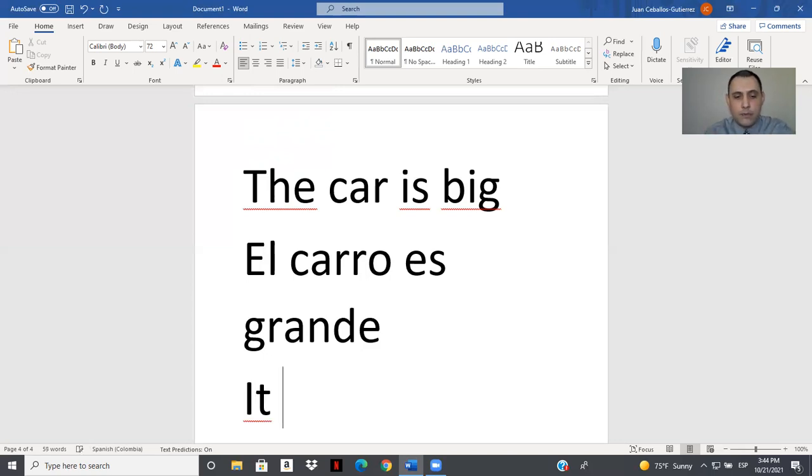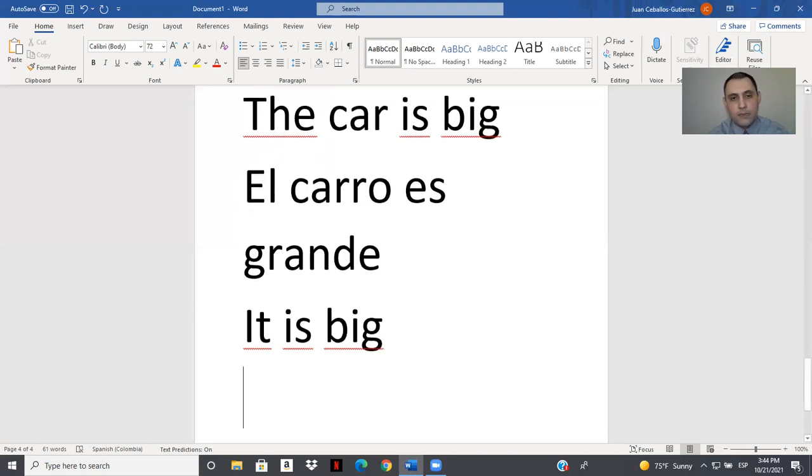Example, it is big. Okay. In Spanish, it's not very common to replace things with subject pronouns. People use mostly the sentence the car is big. They don't replace the car by a subject pronoun because it doesn't exist.